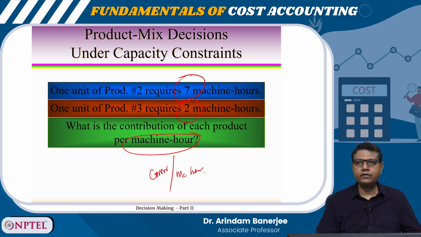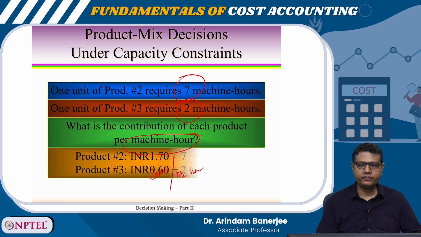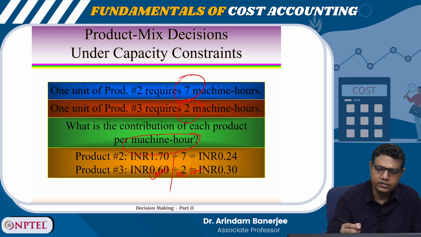I will see which product, product 2 or product 3, is giving me more contribution per unit of machine hour. The product which gives me the higher contribution per unit of machine hour, I should give more preference rather than the other one. So if I calculate, it will look like this.